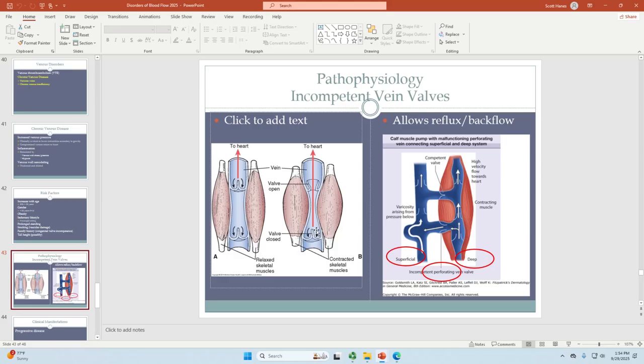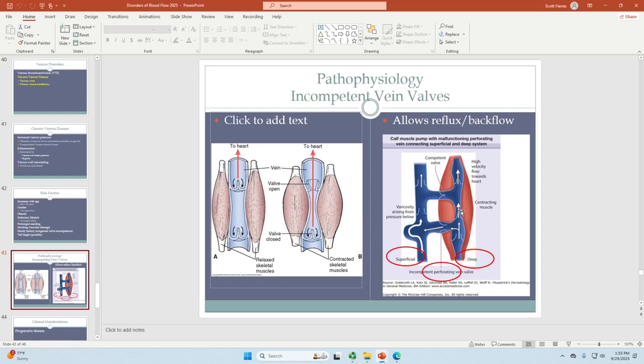But what happens when we have valve disease? Most of the blood returns to your heart via your deep veins. Okay, so these more superficial veins over here mostly drain into the main deep veins, but they're operated and regulated by valves as well.